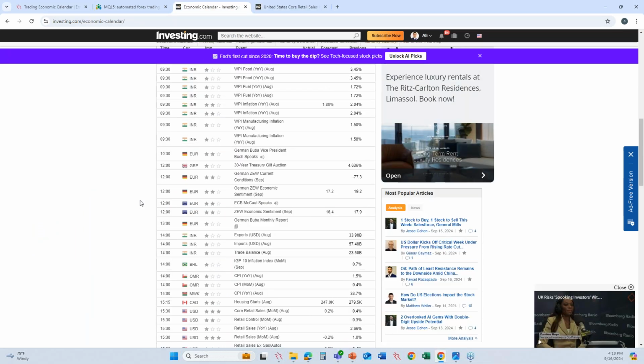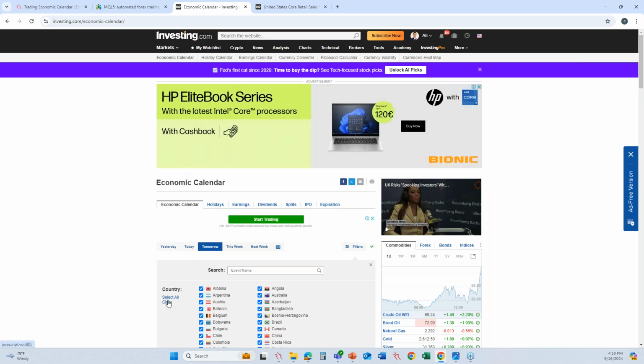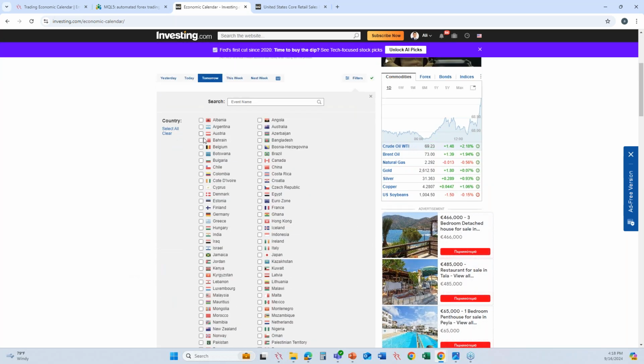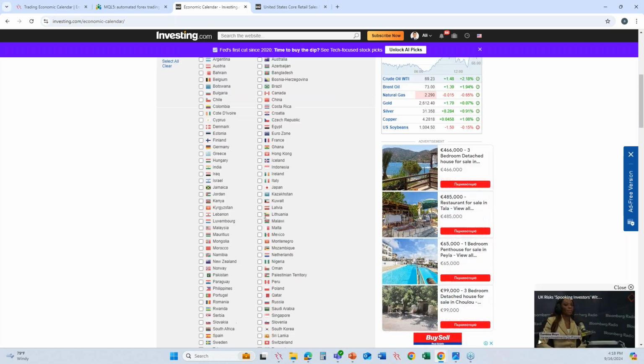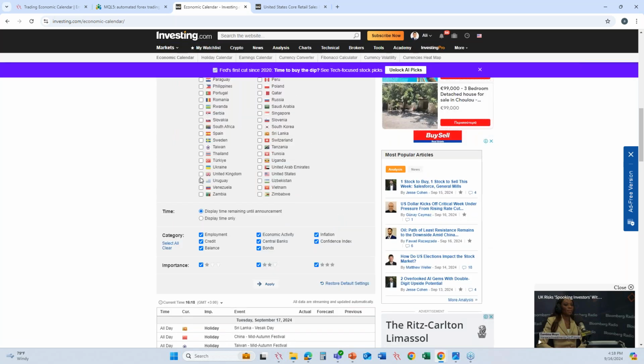Let's go to our calendar to see how we can plan it. Let me just clear everything. Find the UK. This is also a way to find a specific data point or specific releases for a particular country. So in that case, you can just find your country, United Kingdom.